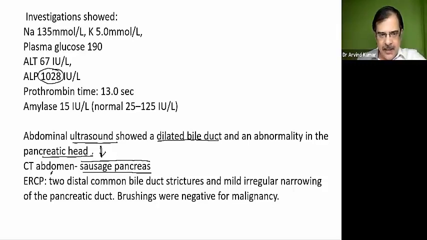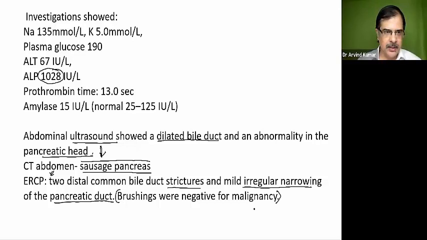This was followed by ERCP, and in the ERCP, 2 distal common bile duct strictures and irregular narrowing of the pancreatic duct were noted. Brushings were taken and sent for malignant cells, but they were negative for malignancy. This is the sequence of investigations done in our patient.